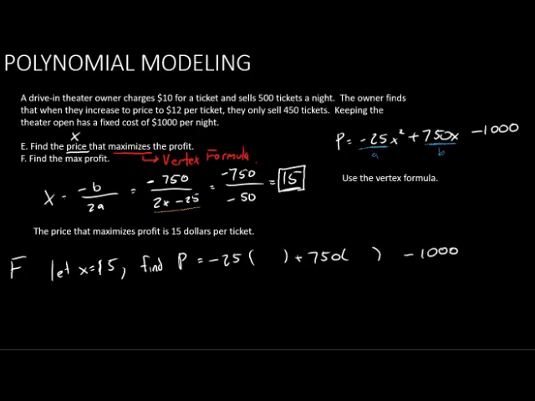We now know that our x is 15, so we'll place that inside of the parentheses, remembering to square that 15 that's next to the negative 25, and we can go to a calculator. If you place these numbers into a calculator, you will get $4,625. This means if we charge $15 per ticket, we'll have a profit of $4,625, and this is our max profit.